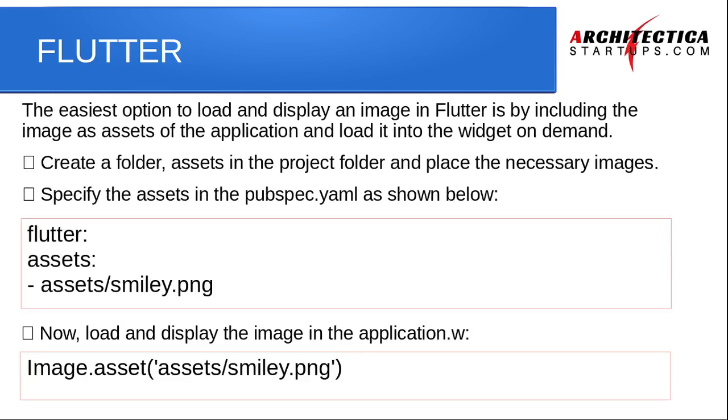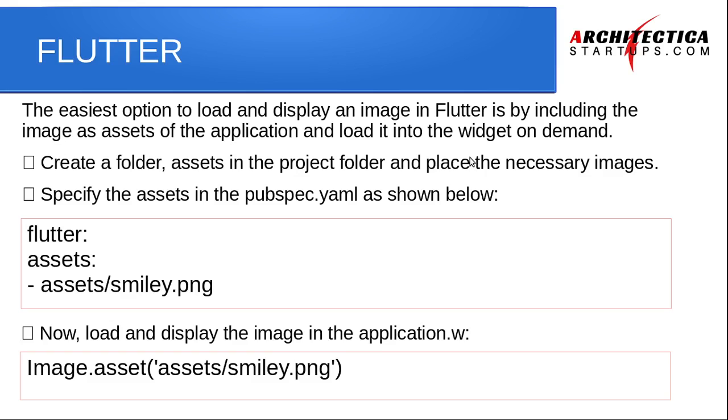The easiest option to load and display an image in Flutter is by including the image as an asset of the application, and loading it into the widget on demand. Whenever we have a demand, we can load it into the widget.